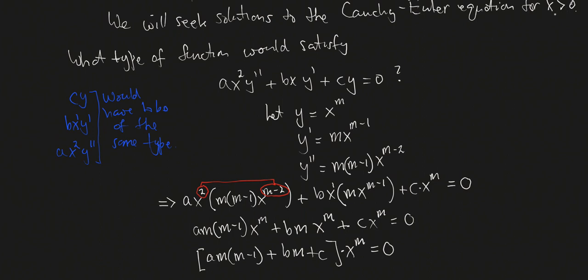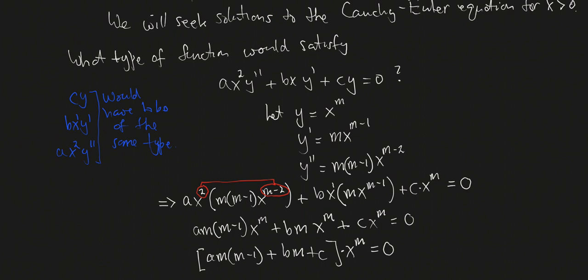But because we're saying that x must be greater than 0, x to the m cannot be equal to 0. If you think about it, if you have a positive number and you raise it to some power, you can never get 0.